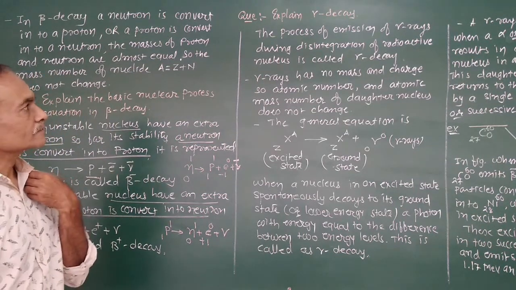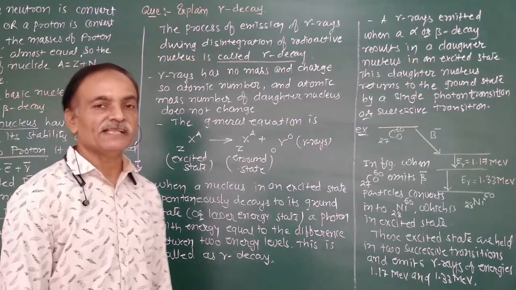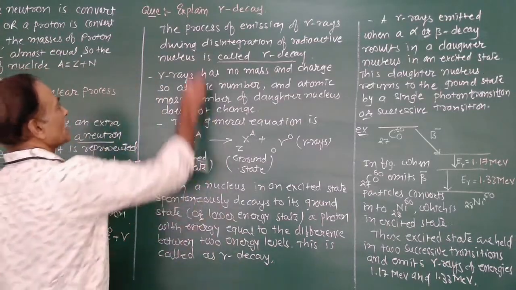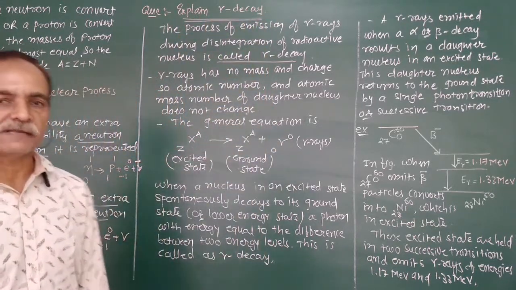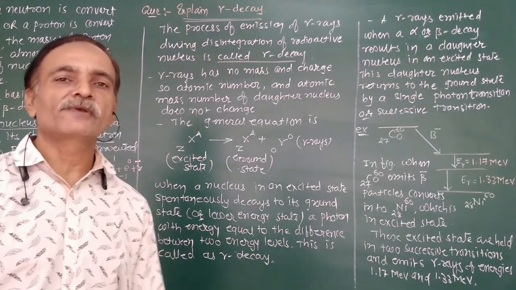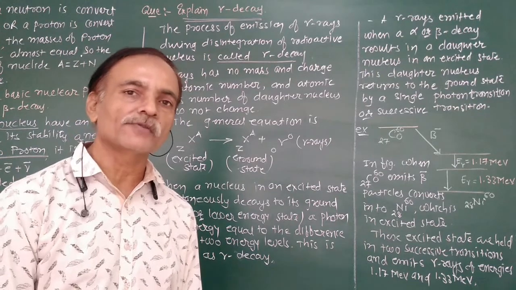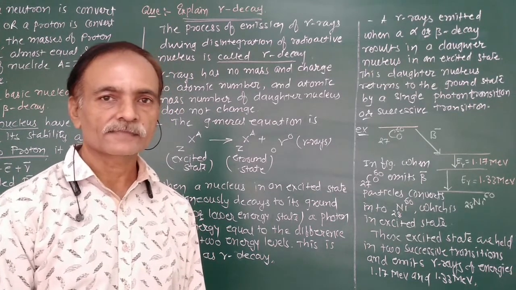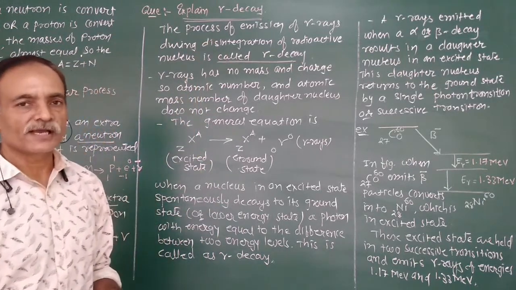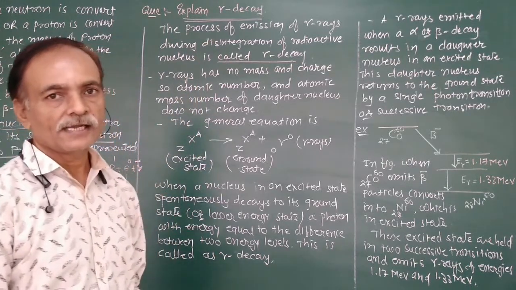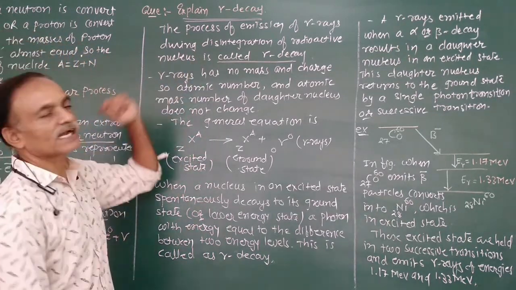Now the next question is to explain gamma decay. What is gamma decay? During alpha decay, helium nuclei are emitted, and during beta decay, either an electron or a positron is emitted. Now, when a radioactive nucleus is disintegrated by emission of gamma rays, such a process is known as gamma decay.